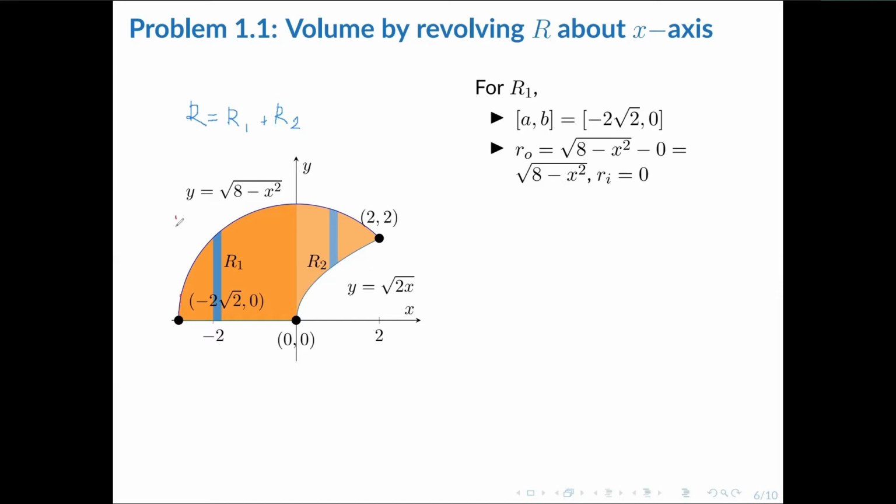So ito yung region of interest natin. So R1 muna. Yung outer radius natin ay ito, itong nasa taas. Then yung inner radius ay itong nasa baba, or the x-axis. So for the inner radius, lagi siyang 0.